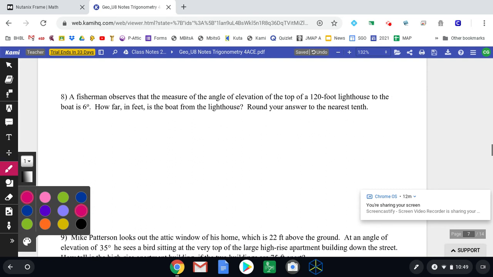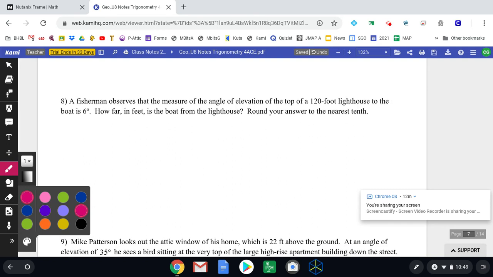All right, number 8. A fisherman observes that the angle of elevation from the top of a 120-foot lighthouse to a boat, so I've got my little boat out here, is 6 degrees. Since I know that my lighthouse is 120 feet, I want to know how far is my boat from the lighthouse.